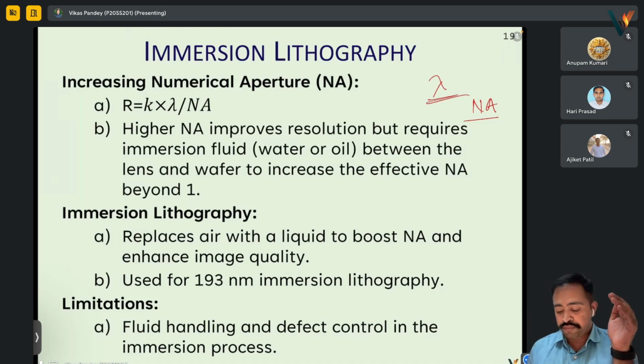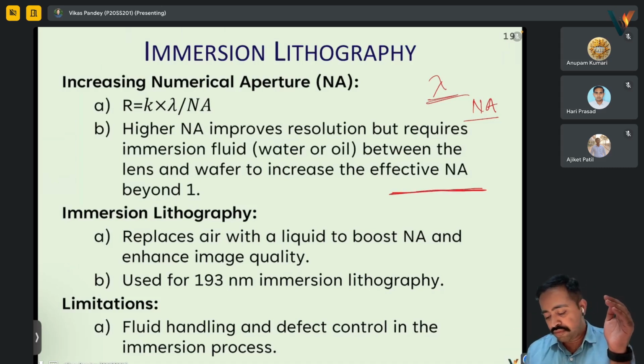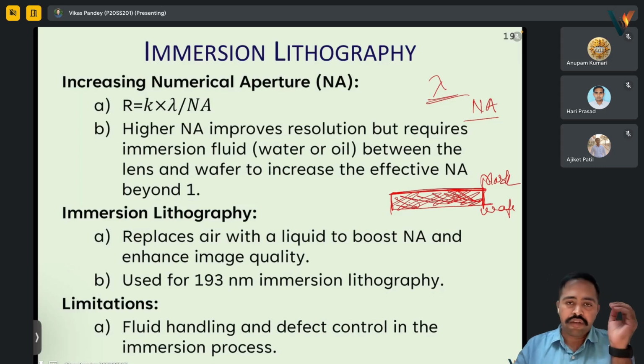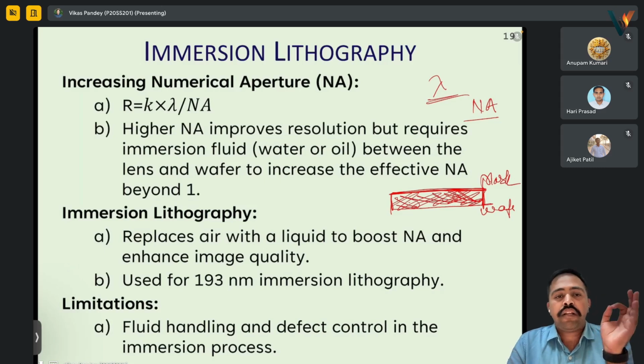So we have mask, wafer, and in between we are filling it with some kind of liquid having a higher refractive index that will increase the effective numerical aperture beyond 1.